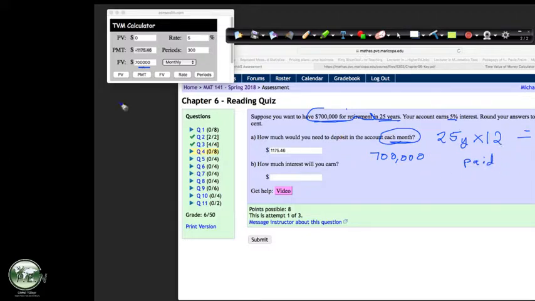Well, we paid $1,175.46. How many times did we make that payment? We made that payment 300 times.